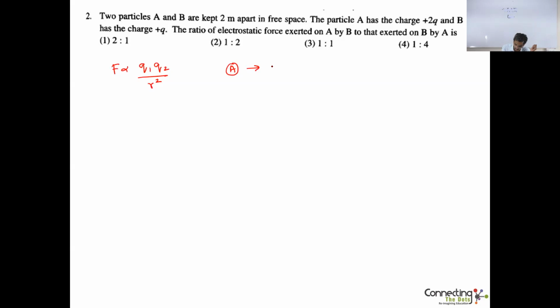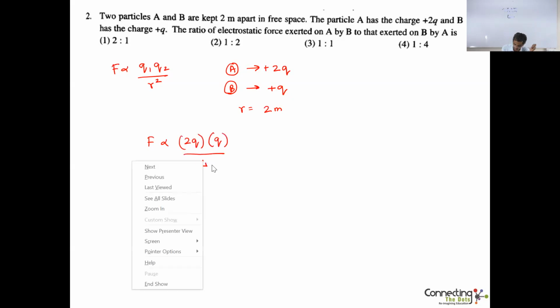So the force is proportional to 2q into q by 4. And this is a direct application of Coulomb's law.